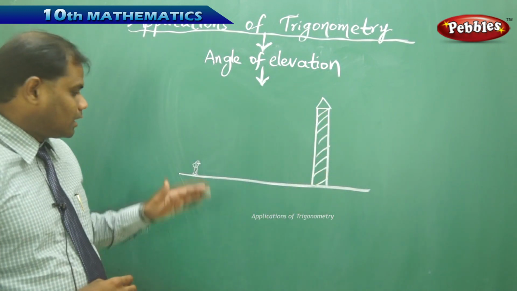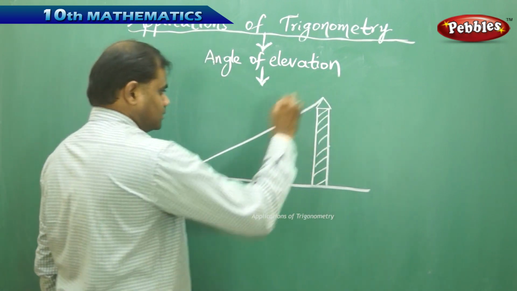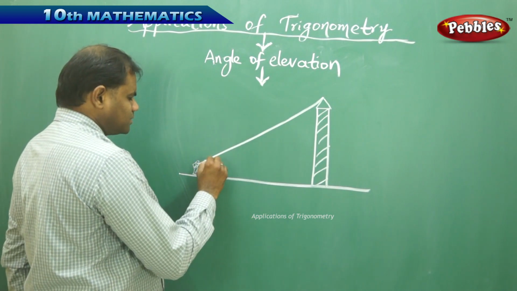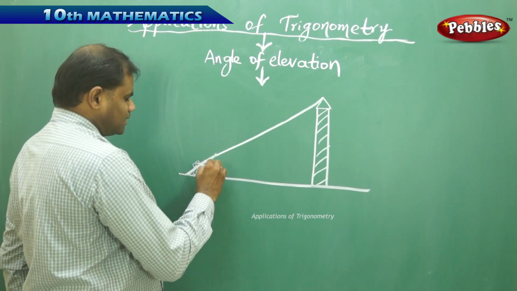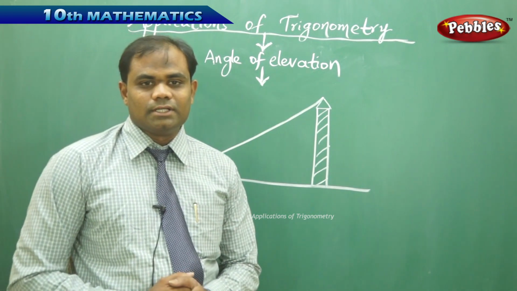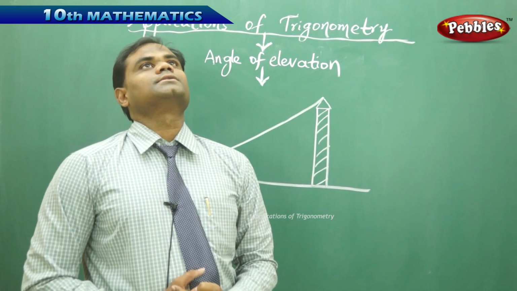That means when I watch the top of the tower here, this is the line of sight, and the angle which it makes is called the angle of elevation. Angle of elevation is the angle made from the ground when I see upwards.